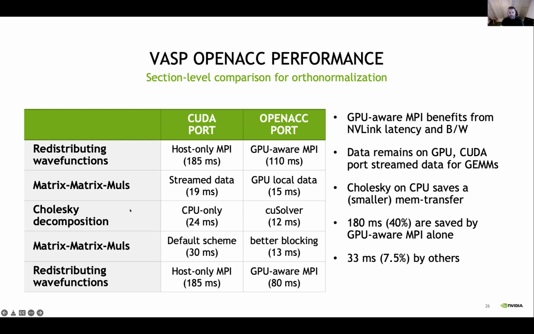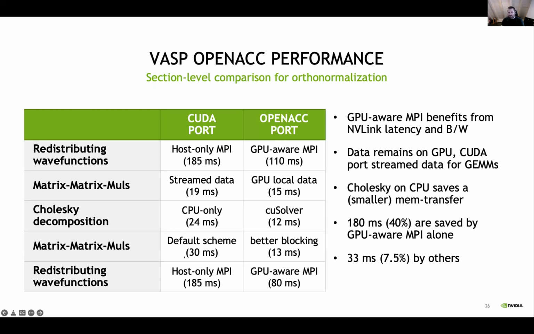The code's decomposition had been done on the CPU before. Well, if the data is on the GPU, use it, right? It's twice as fast. So basically, I think the outcome of these first sections is when you can leave the data on the GPU, do it, right? Don't pay the extra round trip for going back to the CPU.